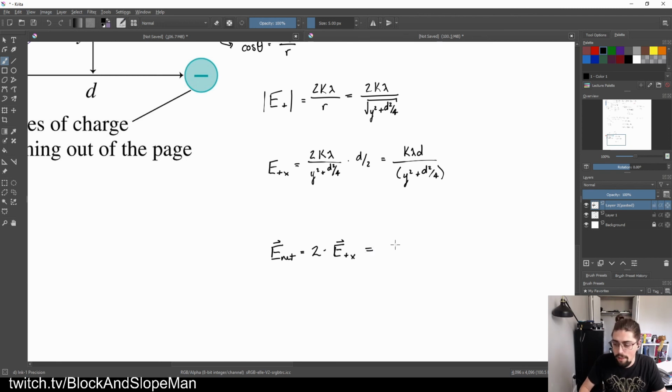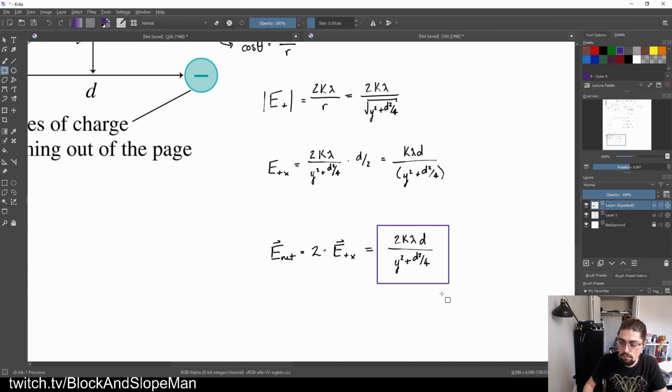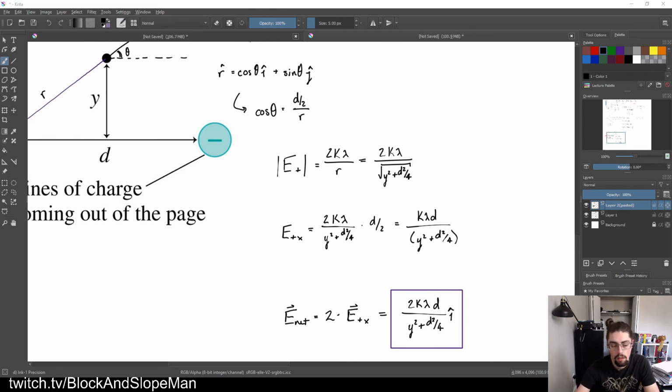What I should end up with then is 2k lambda d over y squared plus d squared over 4. And there we are. Put in an i hat so that it's accurate. With that, that actually closes out 23-2.